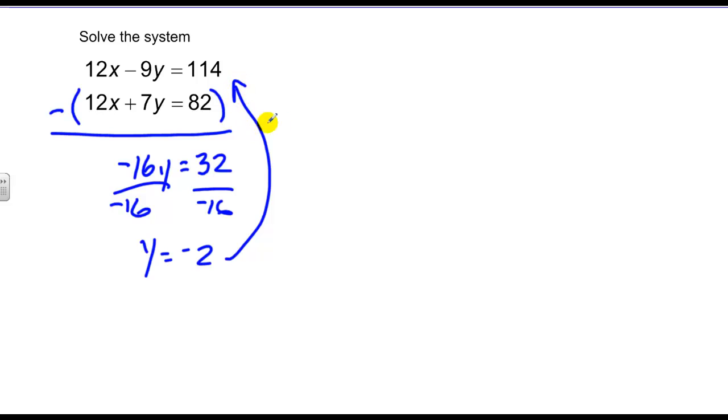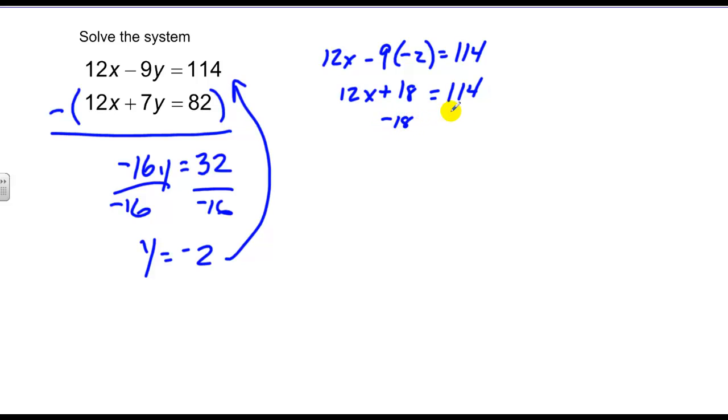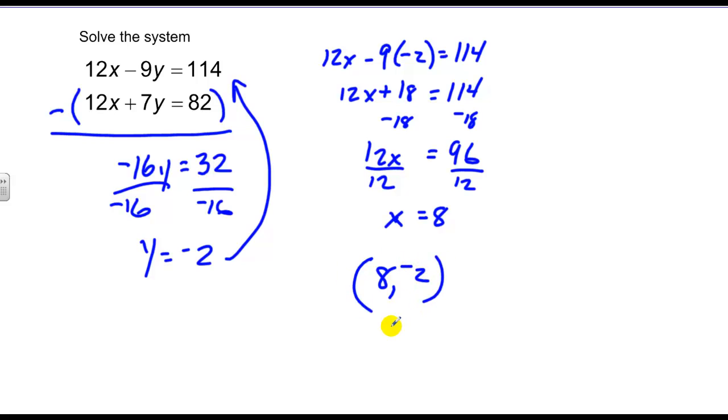Make my substitution once again, and I'll say 12x minus 9 times negative 2 is equal to 114. Got 12x plus 18 is equal to 114. Subtract 18 from both sides. End up with 96 is equal to 12x. Divide by 12 in each case. Get x is equal to 8. So 8, negative 2 is my ordered pair solution.